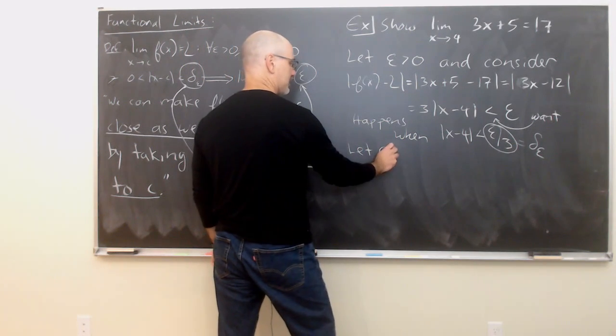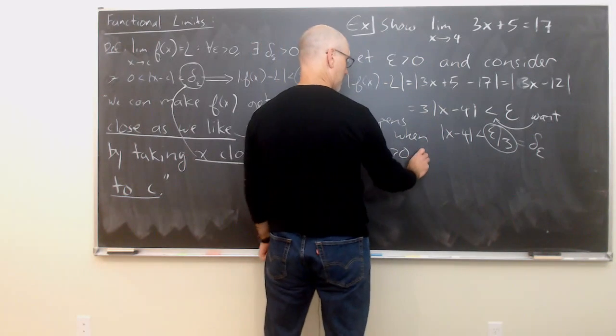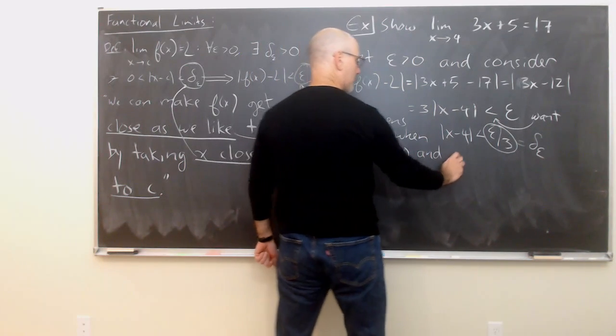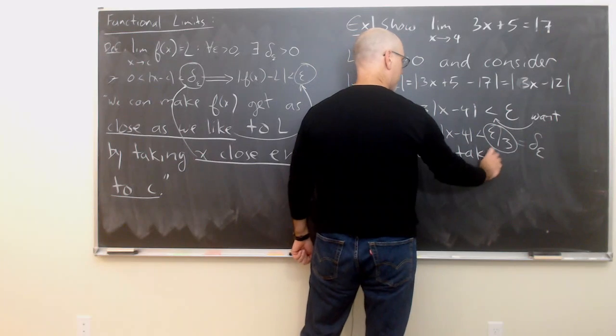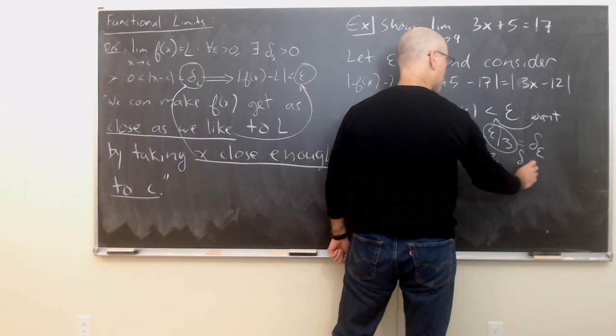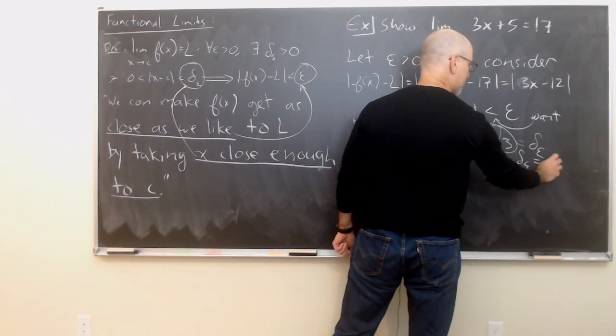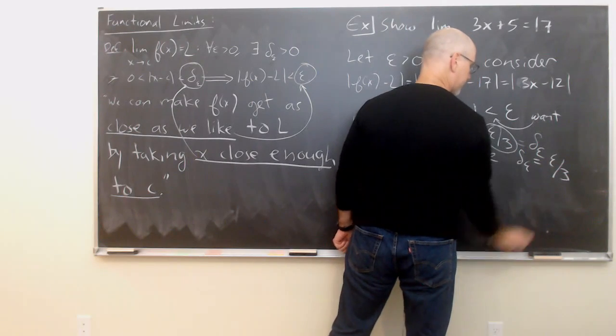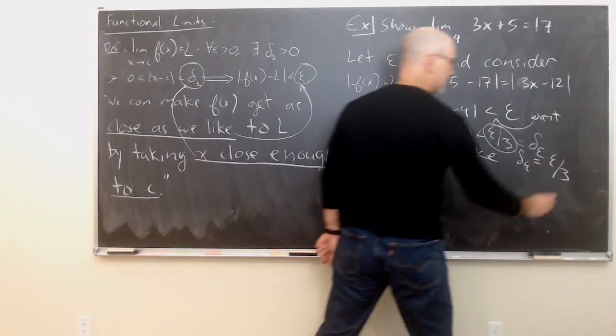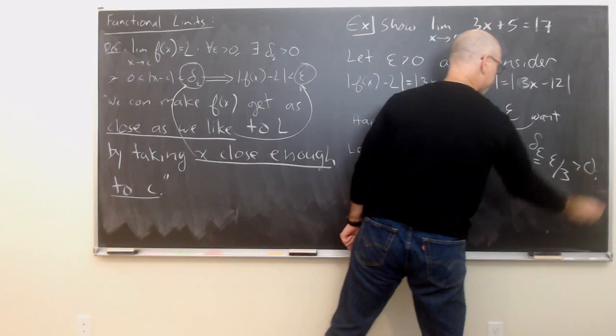So then to formally finish up the proof, we would write: let epsilon be bigger than 0, and take delta sub epsilon equal to epsilon over 3. That's also bigger than 0.